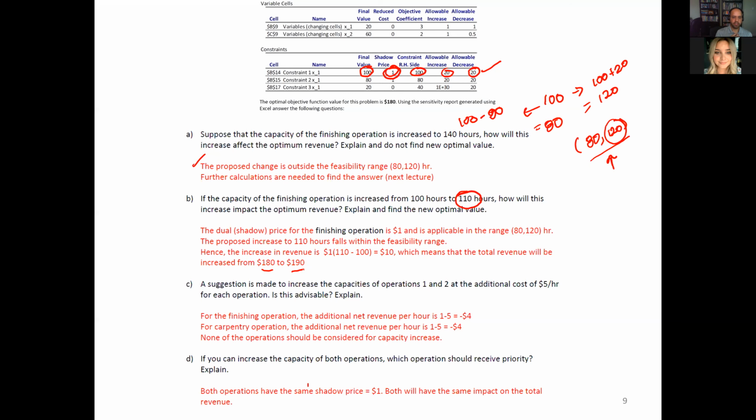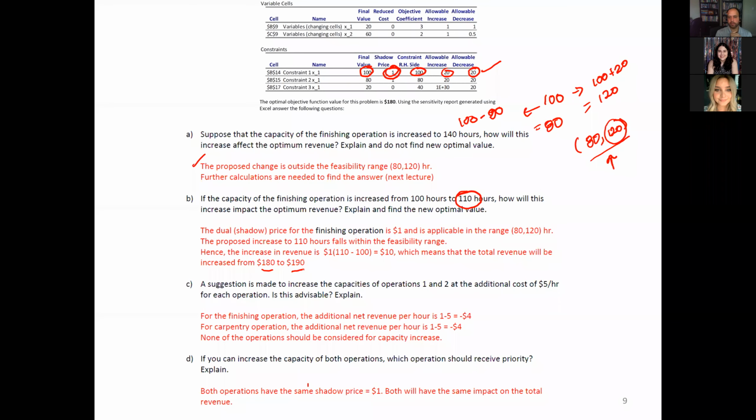Then part C. I had a question. Yes, sure. Go ahead. For the first question, it says how will this increase affect the optimum revenue? Since we don't know how to do that yet, do we have to state that we don't know how to do it yet? So yes, the idea for this one is that you can identify that it is out of the range. So you can state it like that.